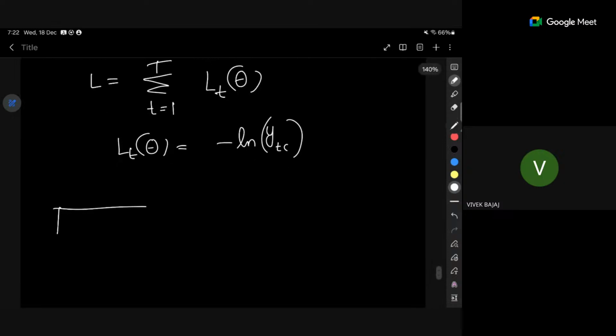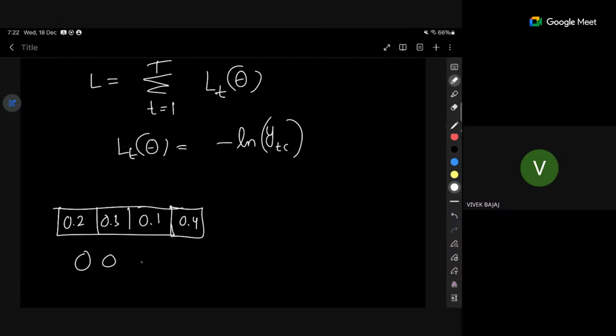So let's say our predicted probabilities, four of them in the output, came out to be 0.2, 0.3, 0.1, 0.4. So after softmax, you got this. Maybe the correct one was this.